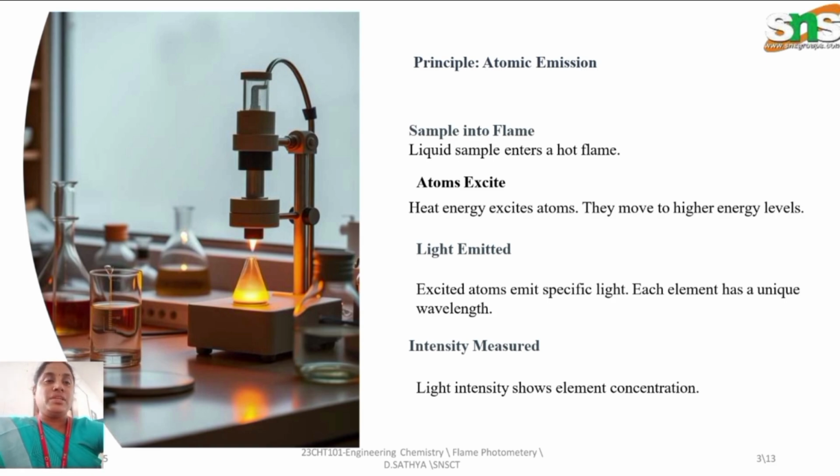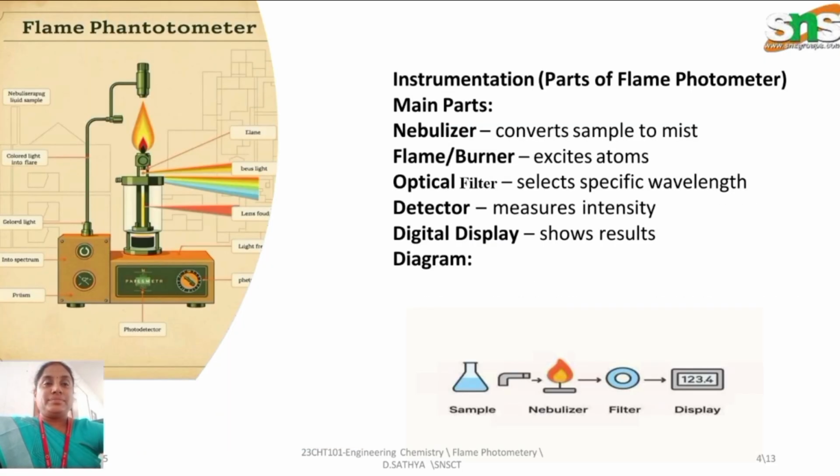So the liquid sample enters the hot flame, and the heat energy excites the atoms. They move into a higher energy level, and the excited atoms emit specific light. Each element has a unique wavelength, and the light intensity depends on the element concentration.